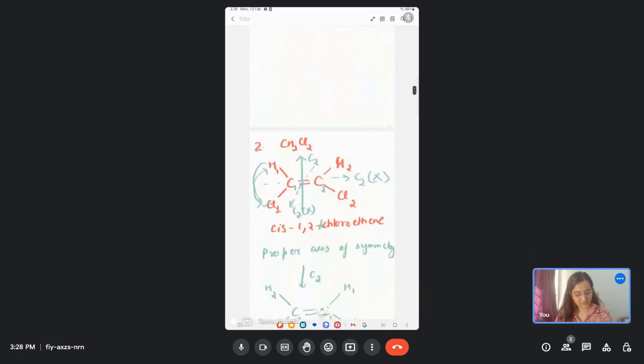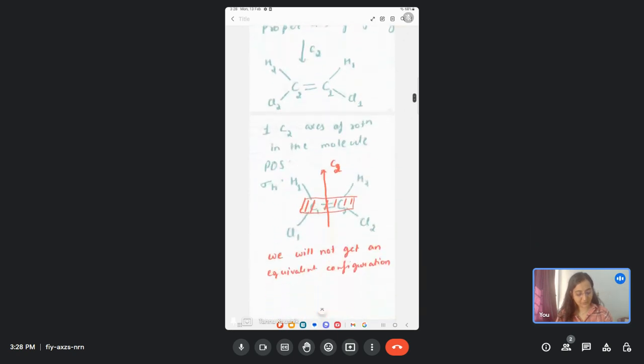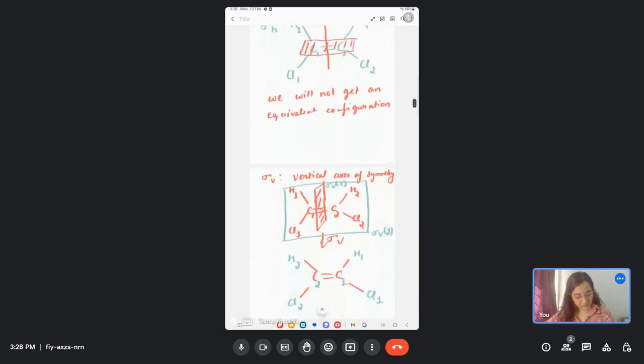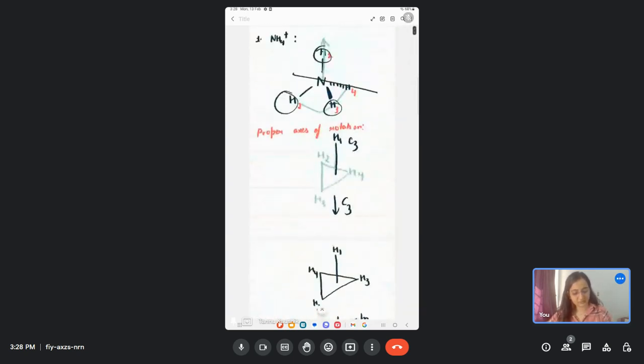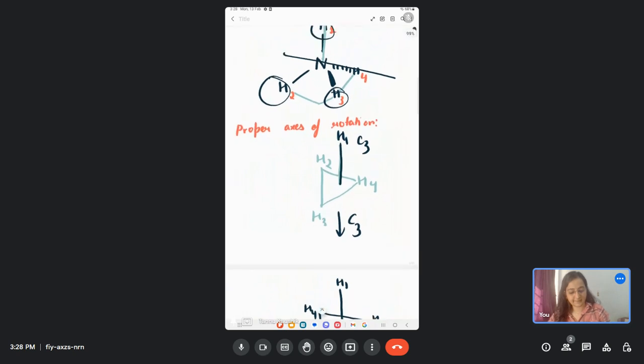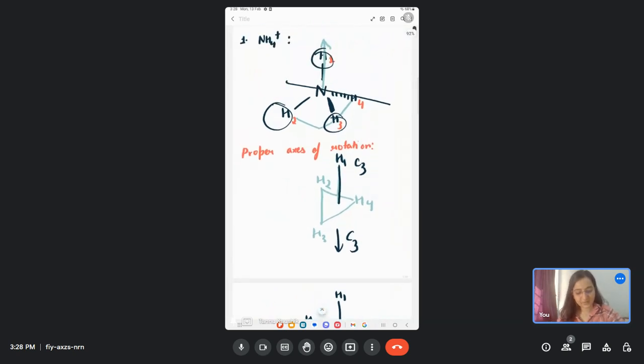So in the first lecture we took this example, ammonium NH4 plus, and then we solved 1,2 dichloroethene. So let us revise it here.